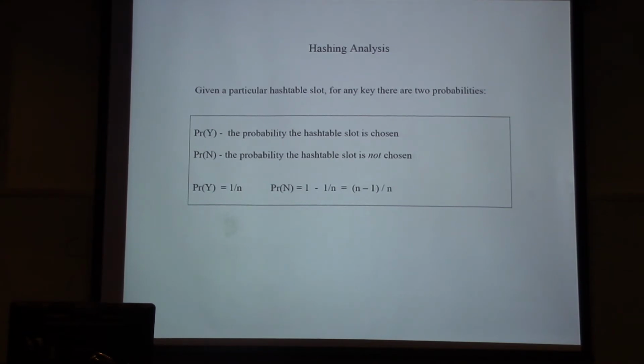We are now going to assume the best possible scenario, and that is that the probability of a particular slot being chosen is probability of y. So probability of yes means that the slot is chosen. So I'm going to look at all the slots. I'm going to look at this slot right here. The probability that this one is chosen is going to be probability of y. The probability that this slot is not chosen, meaning any other ones are chosen but not this one, is going to be probability of n.